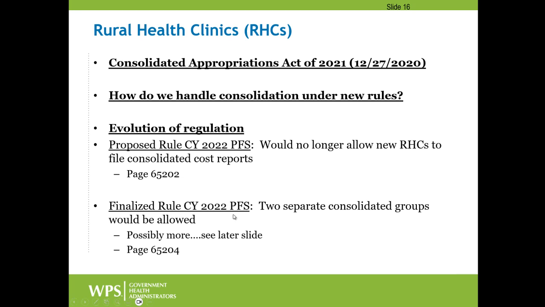The finalized rule, when it came out after public comment, said, okay, you can have two separate consolidated groups, but I'm saying possibly more. There could very easily be three, a new group, and fairly easily, two grandfathered groups. We'll see that in just a bit. And as I said, there might even be another one, probably unlikely. This is page 65204 of this calendar year 2022 Physician Fee Schedule Federal Register.